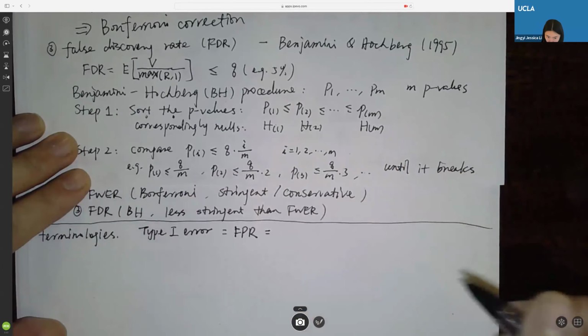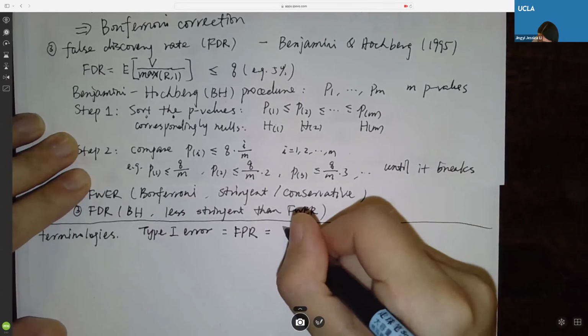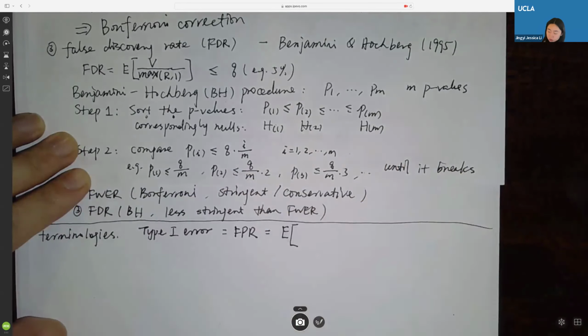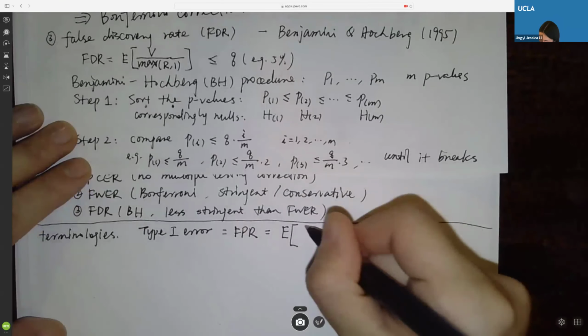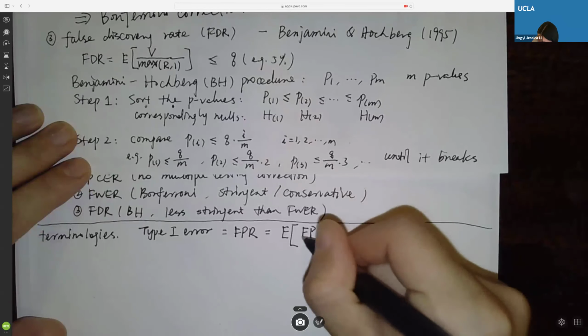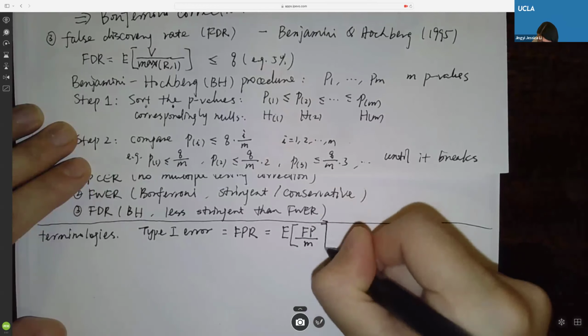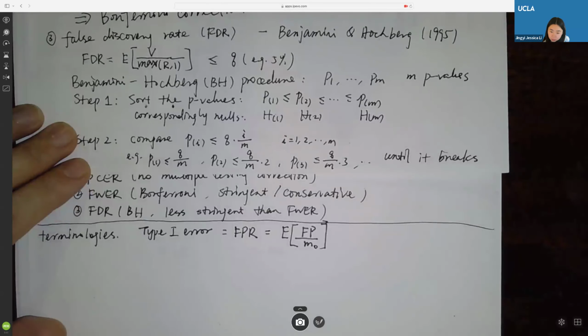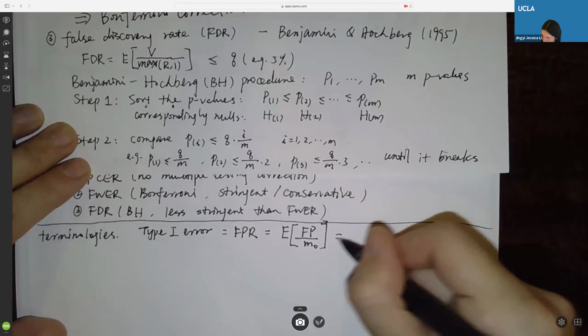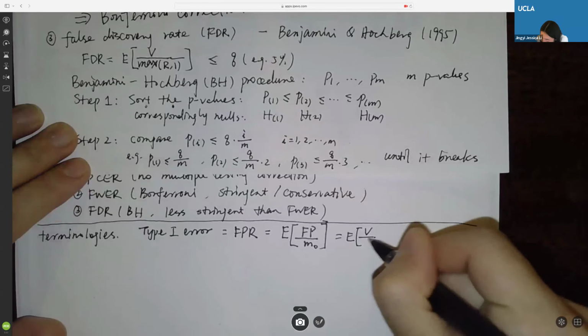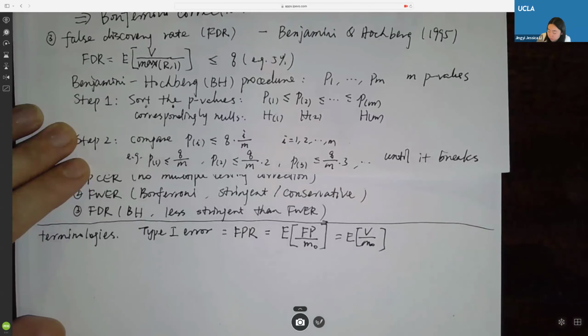It is the number of, I'll just use the words instead of the notation, not to confuse you, the number of false positives over M0, or in my previous notation, V over M0, if you still remember that.